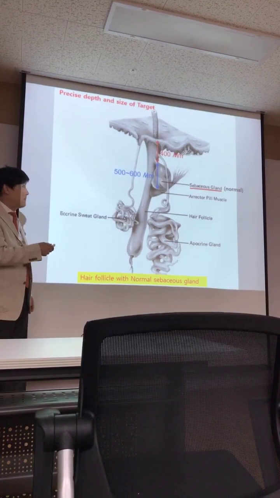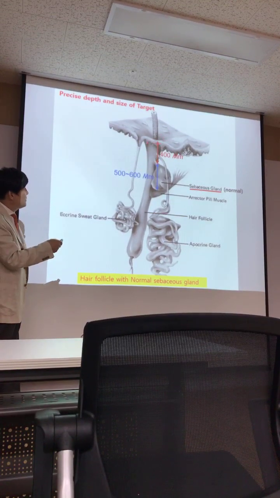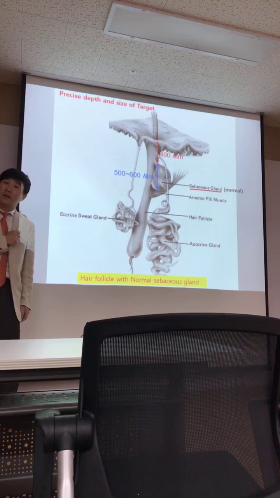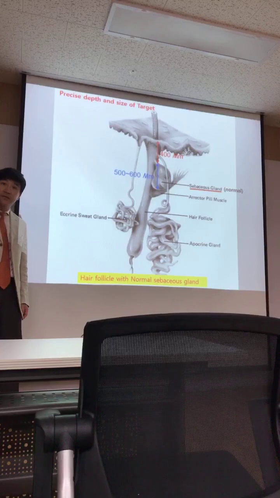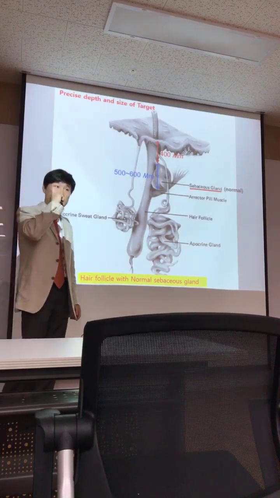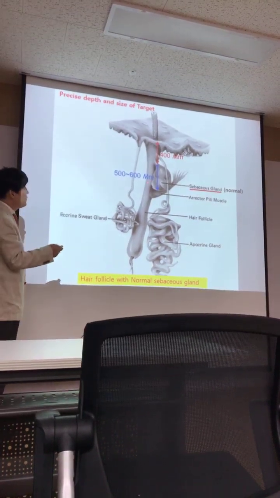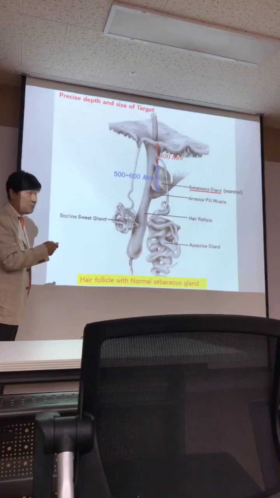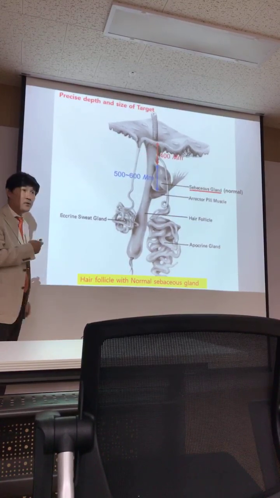The distance from the skin surface to the sebaceous gland is only 400 micrometers. Very short. So if you want to destroy the sebaceous gland without a skin surface burn, you should protect this narrow area.